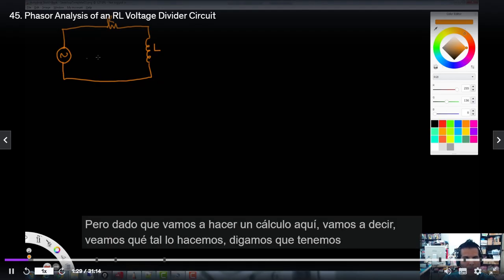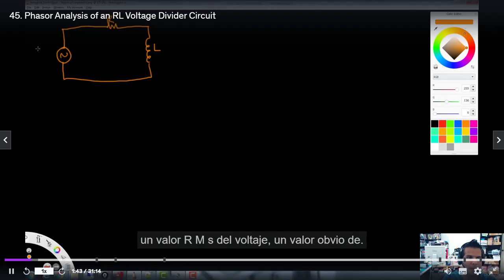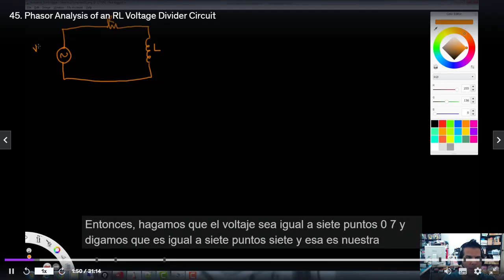But since we're going to do one computation here, let's say we've got an RMS voltage value.